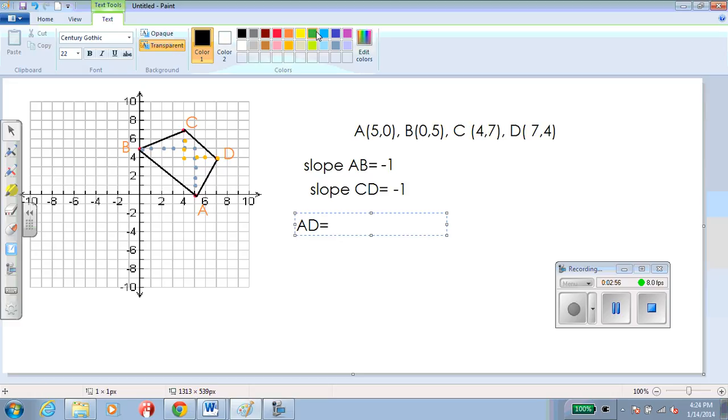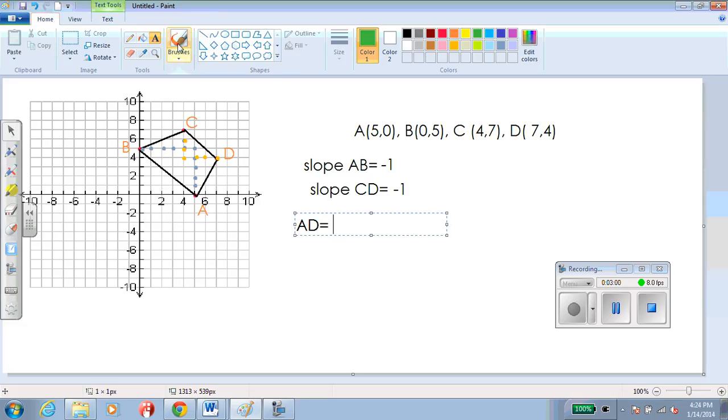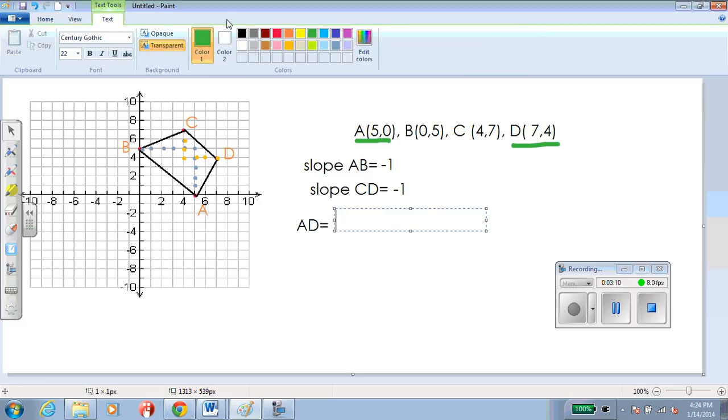So comparing A and D first, A is at (5, 0), D is at (7, 4). The distance between 5 and 7 is 2, so that's 2 squared, plus the distance between 0 and 4, that would be 4 squared.